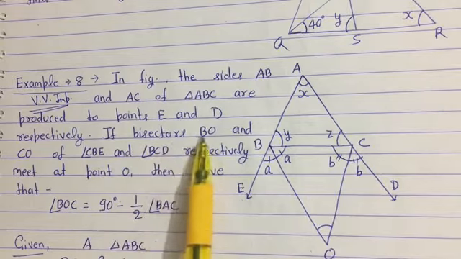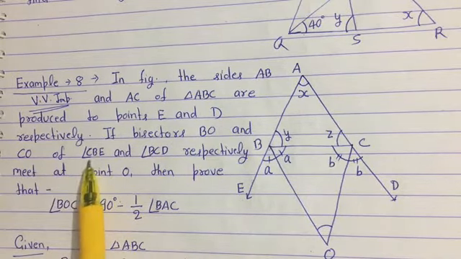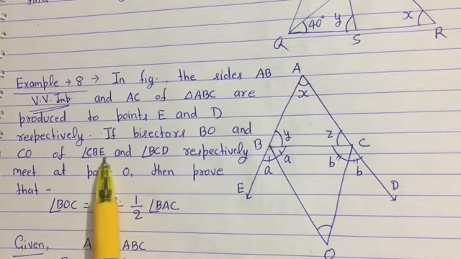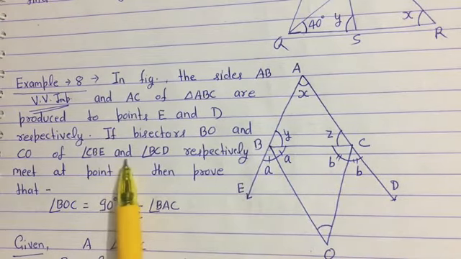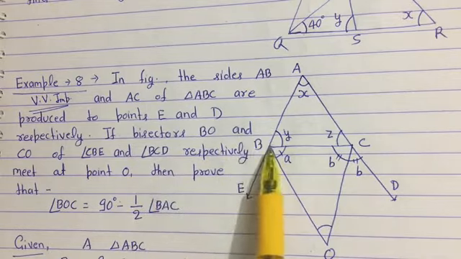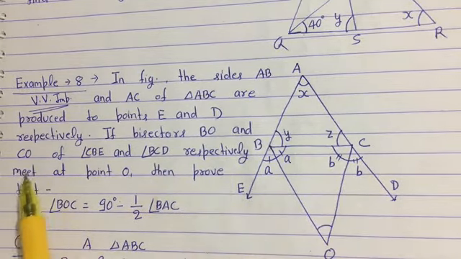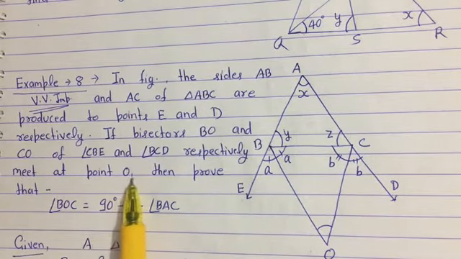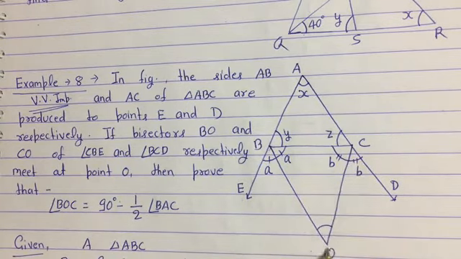If bisectors BO and CO of angle CBE and angle BCD respectively meet at point O, these are the bisectors BO and CO.